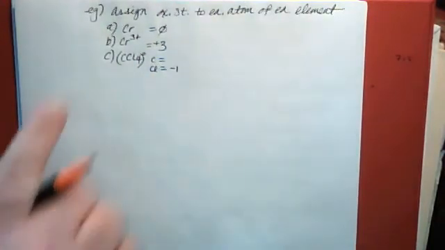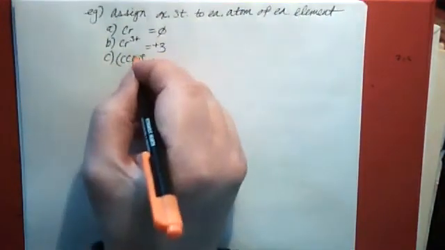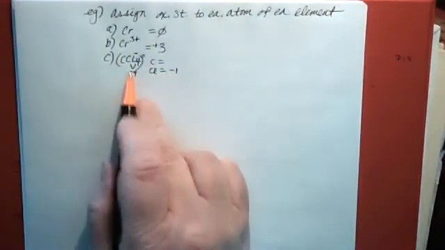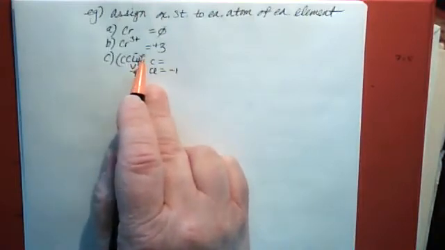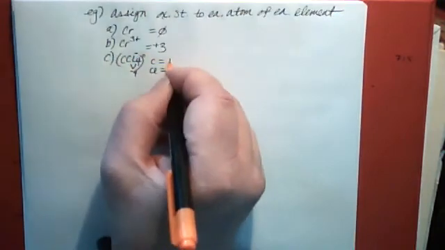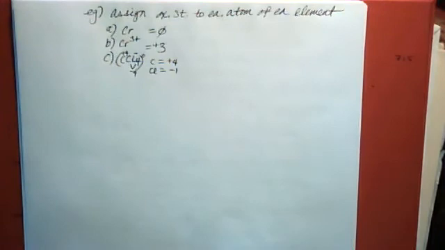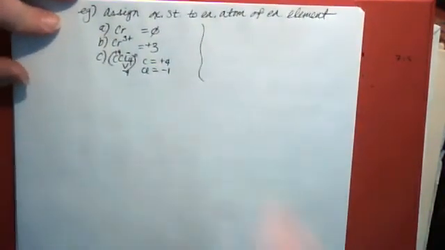That means each chlorine in this compound is -1. Okay, but there are 4 of them. So that means the 4 chlorines together are -4, and there's only 1 carbon to bring that back up to a total of 0. So the carbon has to be +4. Okay, +4 minus 4 equals 0.